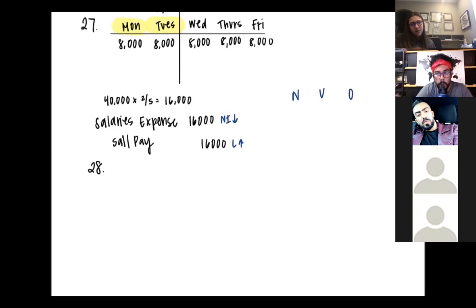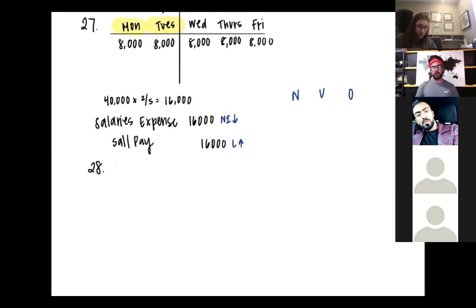If there's a balance in the rent expense account for $4,800, that means they debited rent expense for the $4,800 and credited cash. But now it's the end of the year and they've only used 2 months when they've already expensed 3 months. So now we have to unexpense and increase our prepaid rent, because for the month of January of the following year, we have to have that asset of prepaid rent.